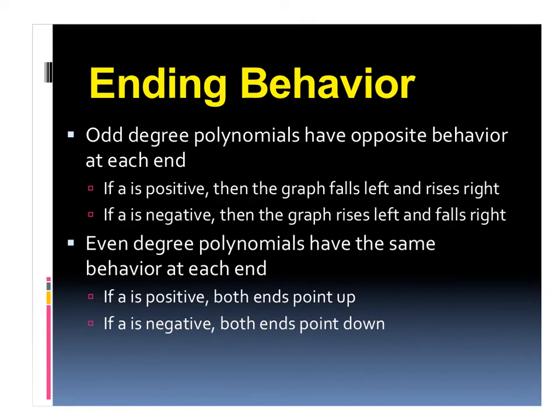There are two types of degree polynomials with end behavior, odd and even, okay? You're always looking at the degree, which is the highest exponent. If the highest exponent is odd and the number on the front is positive, then the graph falls left and rises right.